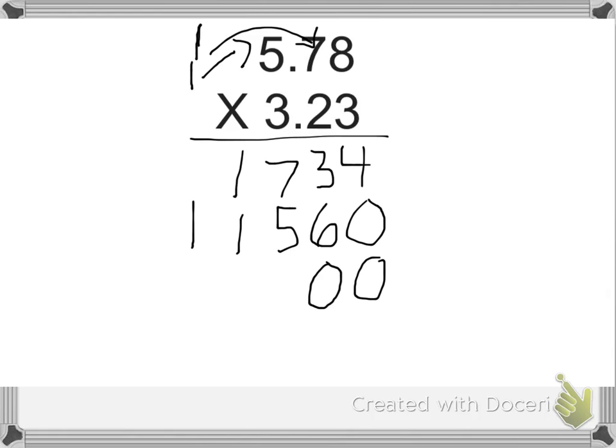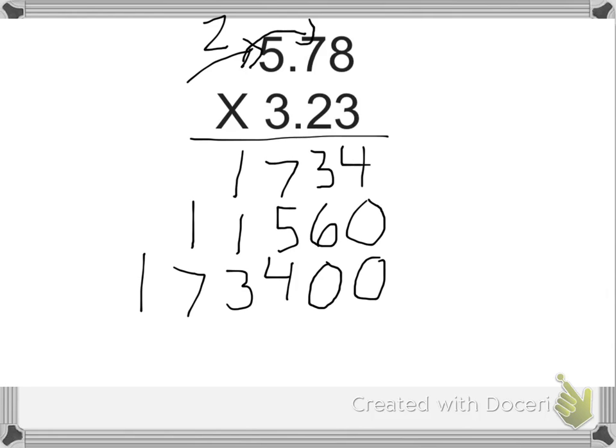You multiply the 3 times 8, and that gives you 24. So you carry the 2. And then 3 times 7 is 21. You carry the 2, and that gives you 23. And then you carry the 2 again over the 5. And then 3 times 5 is 15, and then you carry the 2, and that gives you 17.